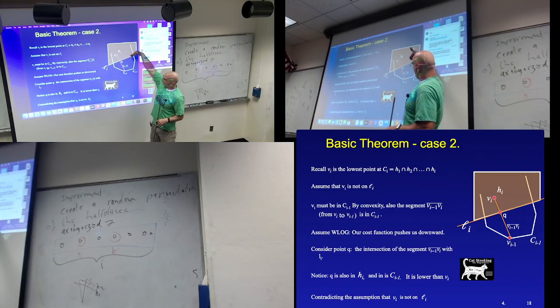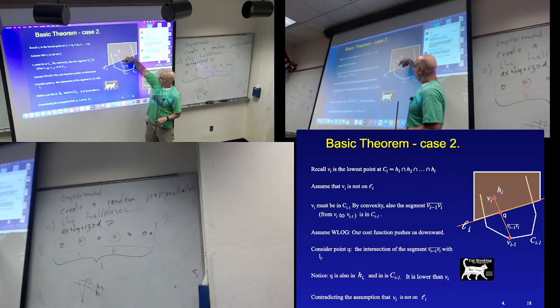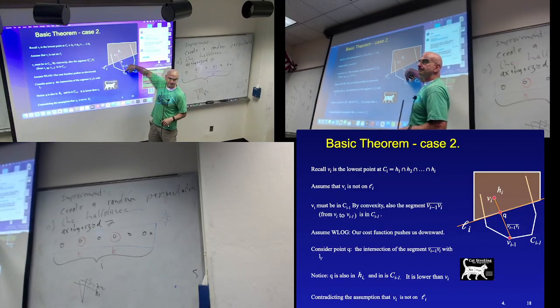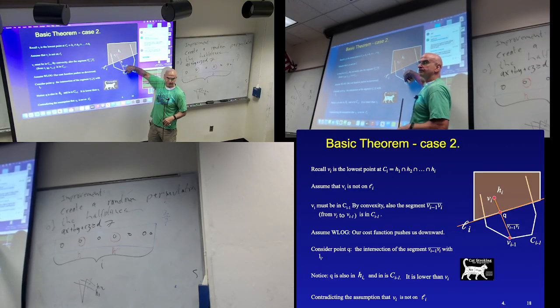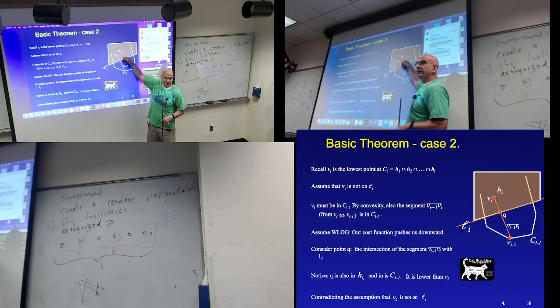Half space Hi violates Vi minus 1. But my new solution must lie on... My new solution is not on the line Li, but is on the plane Hi.